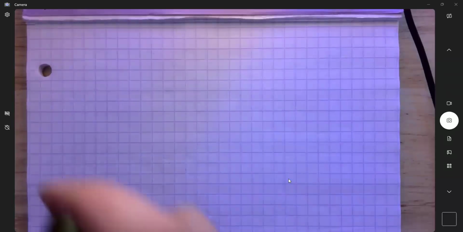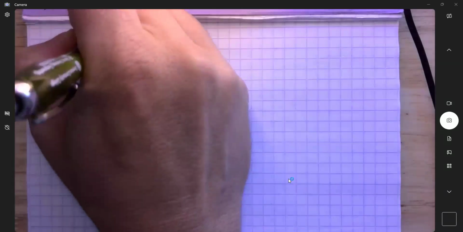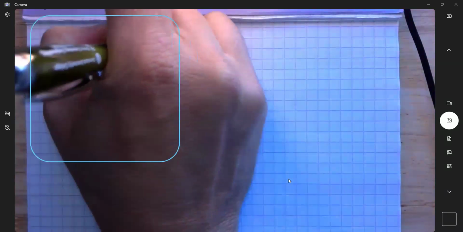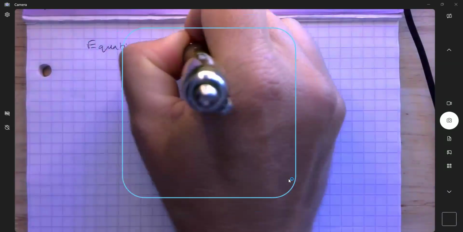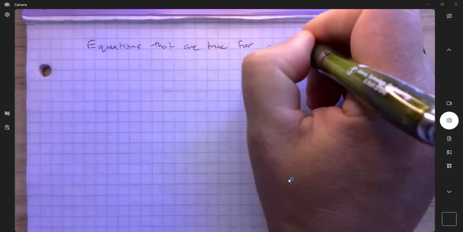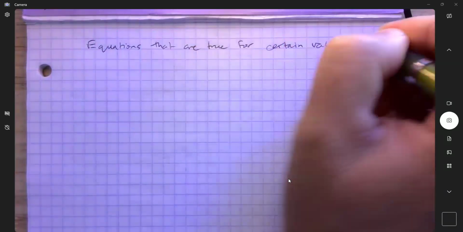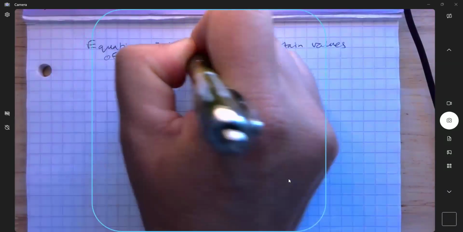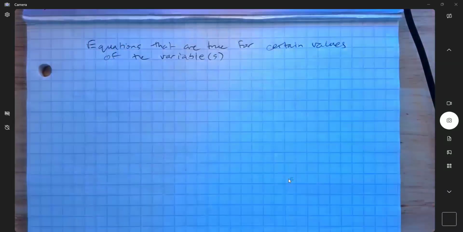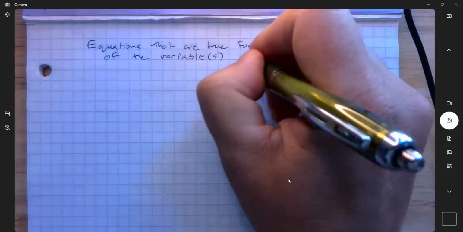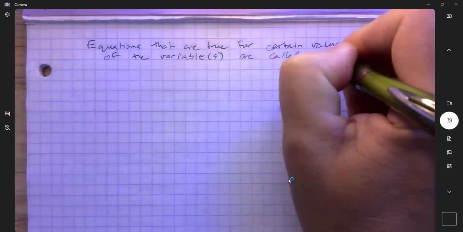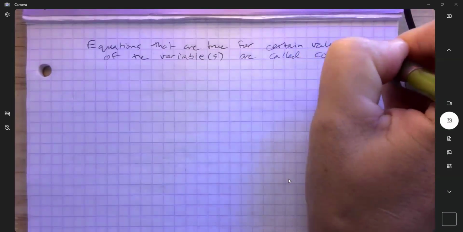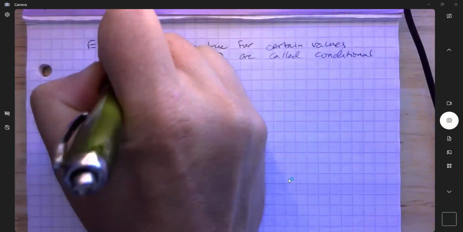And then equations that are true for certain values of the variable, and in fact, we can have more than one variable, are called conditional equations.